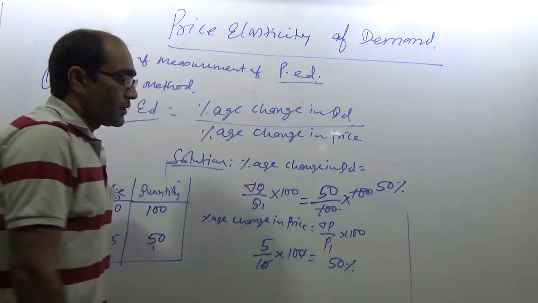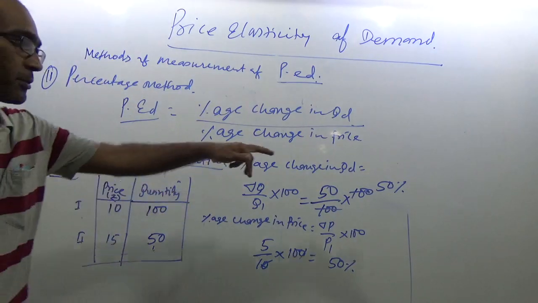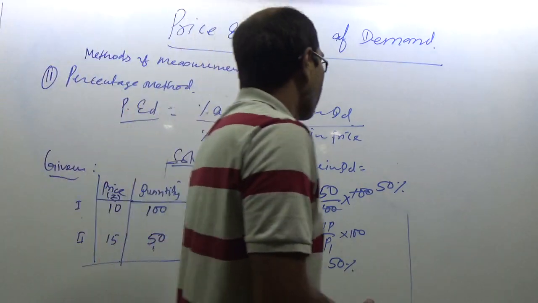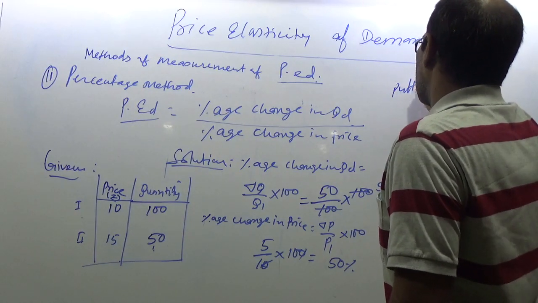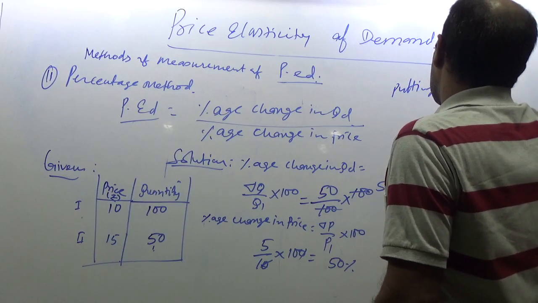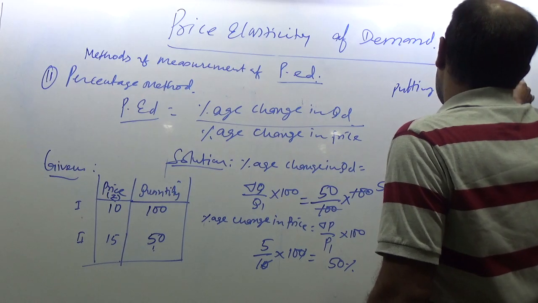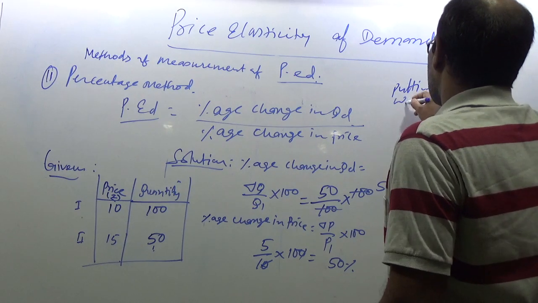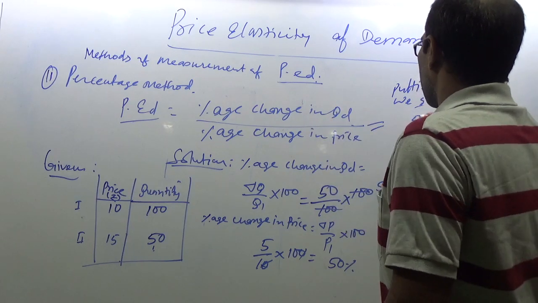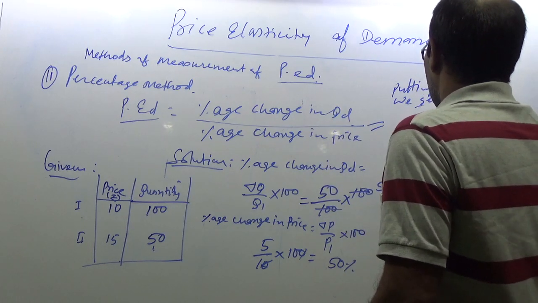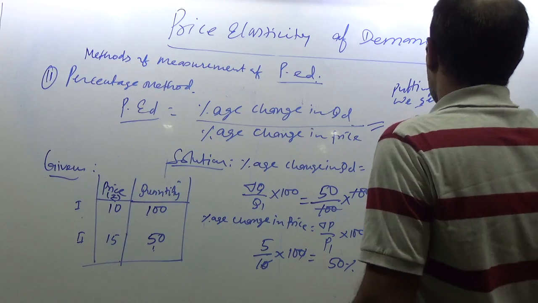So see the percentage change in both is 50% and 50%. So putting the value, what we get: 50% upon 50% equals 1.